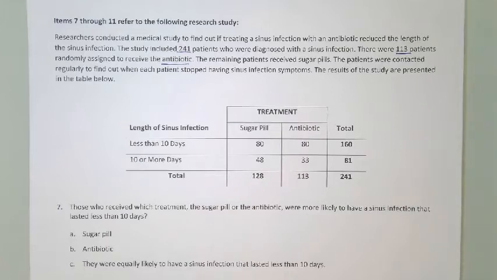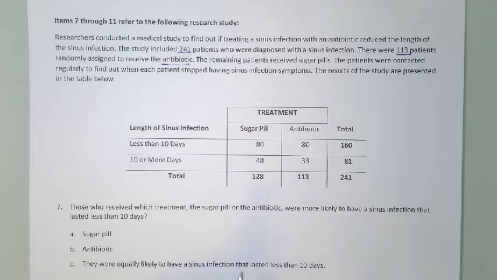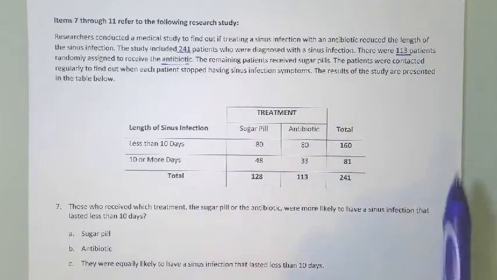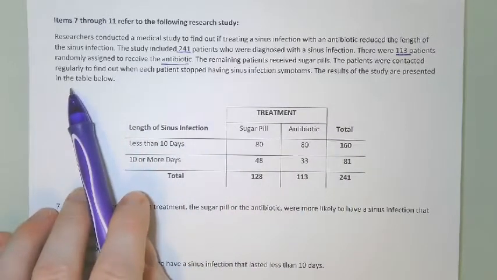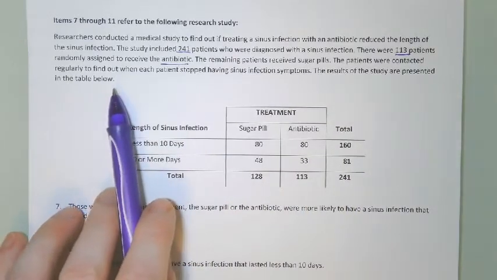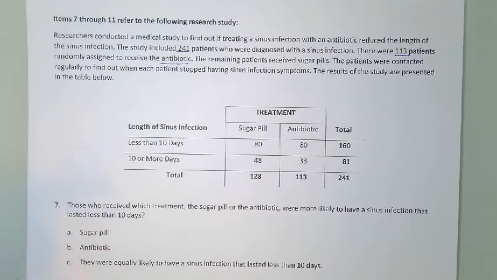The remaining patients received sugar pills, so that would be our placebo. The patients were contacted regularly to find out when each patient stopped having sinus infection symptoms. The results of the study are presented in the table below.